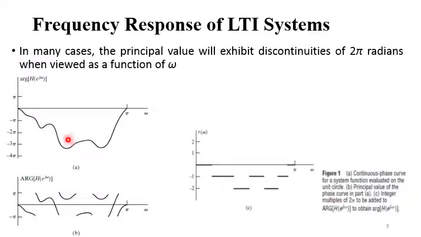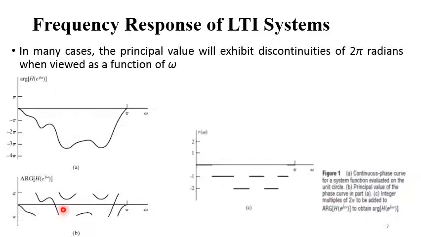If you look carefully at the figure part A, you can spot that the phase function plotted exceeds the minus pi to plus pi values. You see it extends to roughly more than minus 3 pi or so.